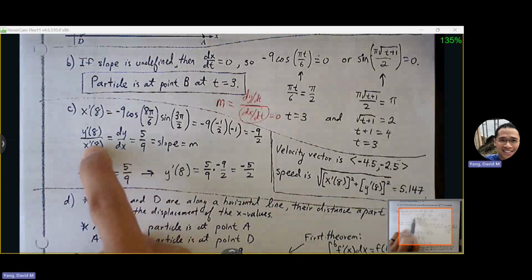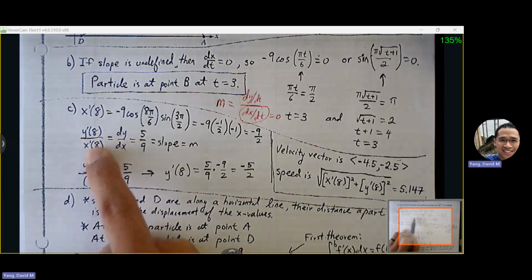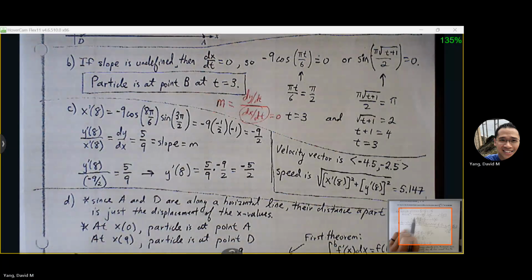We know that the slope at 8 can be expanded into y prime of 8 over x prime of 8. So y prime of 8, we don't know because the problem says that y prime is not explicitly given, but we can work our way down to that. We know the overall slope is 5/9.